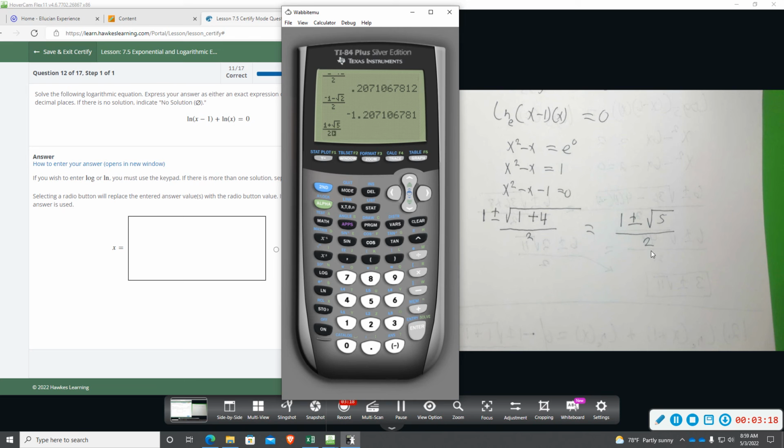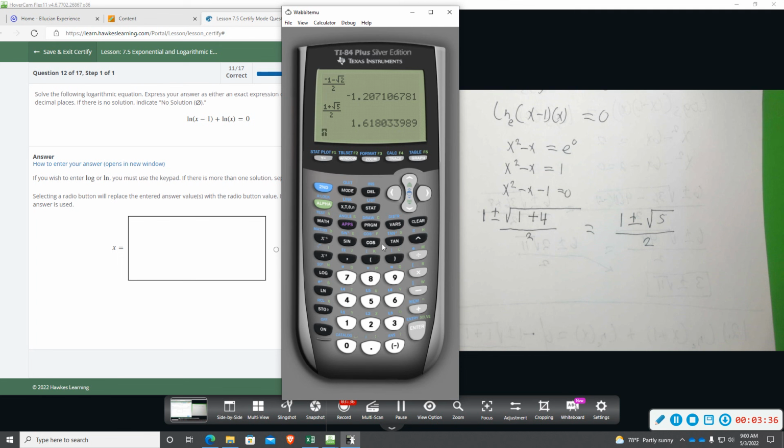So what we're looking for when we plug this in is that it has to be positive, and then it has to be bigger than 1 to work in both cases. It is positive, it is bigger than 1, so it'll work with the positive.